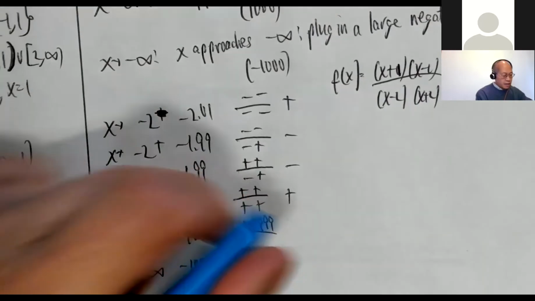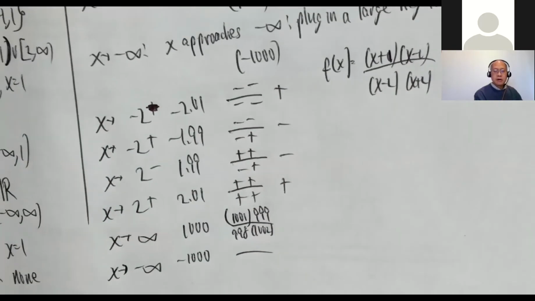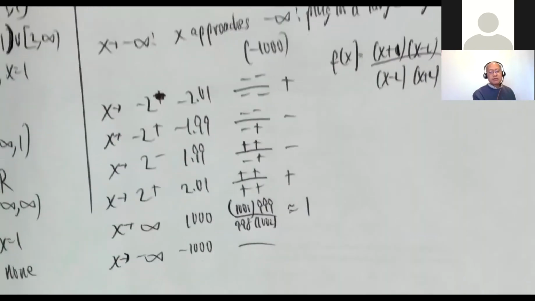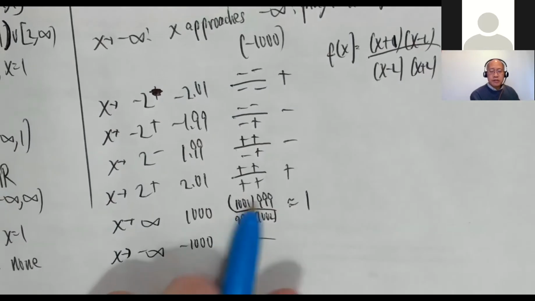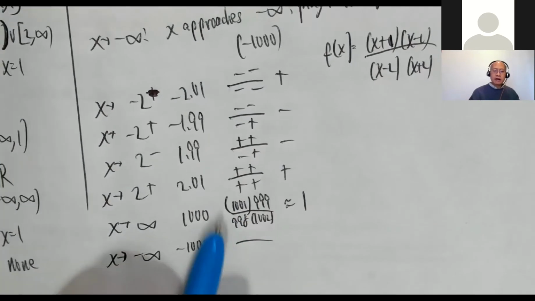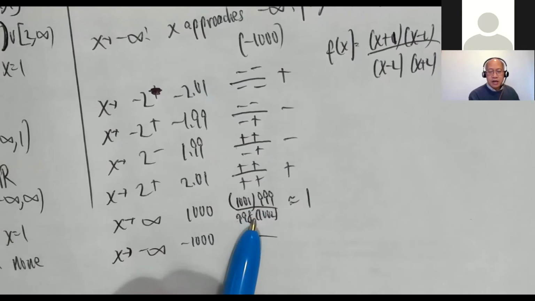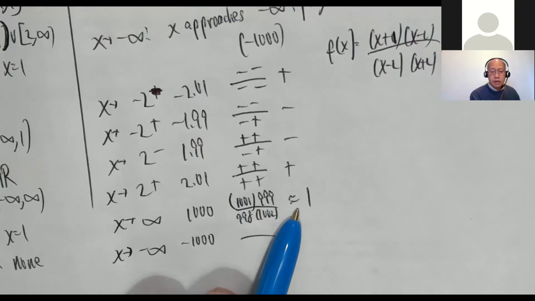This would become what, 998 times 1,002, right? It's practically 1. There's not much difference between these two numbers. I don't need a calculator. 1,001 and 998 are almost the same thing. 999 and 1,002 are almost the same thing. It's roughly 1, which means y equals 1 is going to become an asymptote.